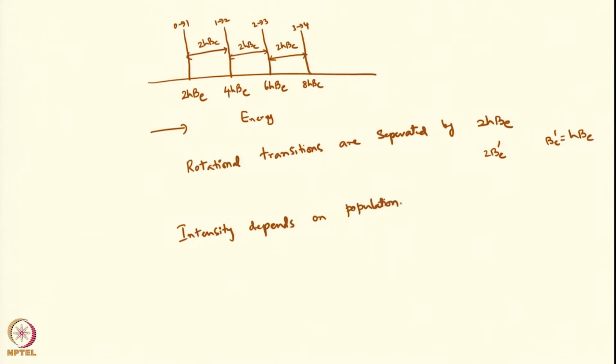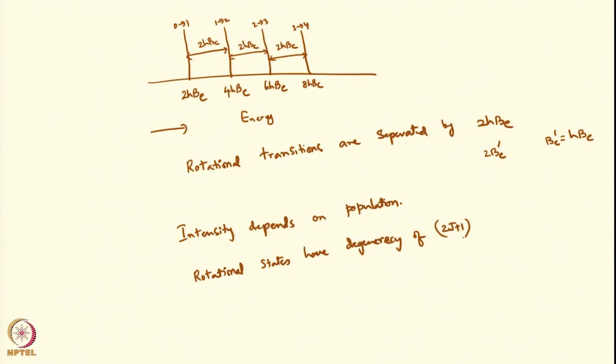Now you know rotational states have a degeneracy of 2J plus 1. So the J equal to 0 state is non-degenerate, while the J equal to 1 state has a degeneracy of 3 and so on, that is 2J plus 1.